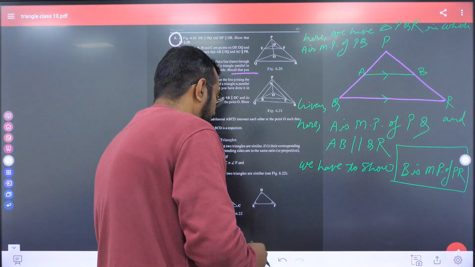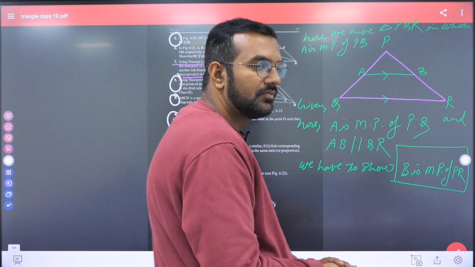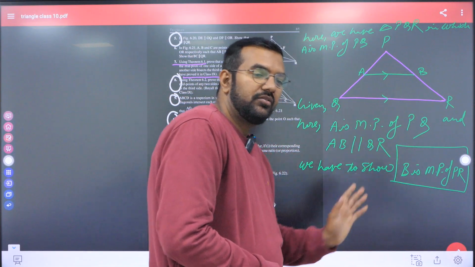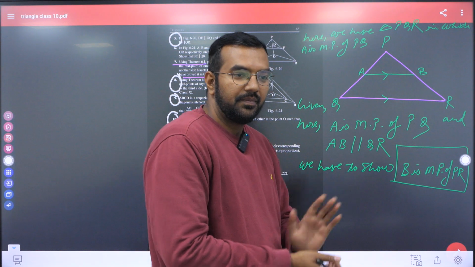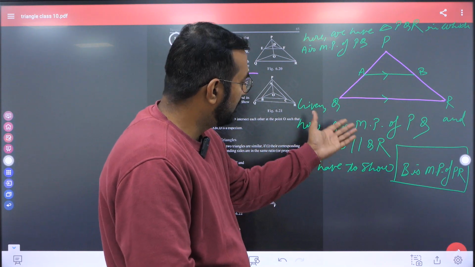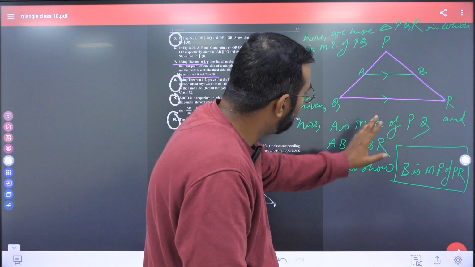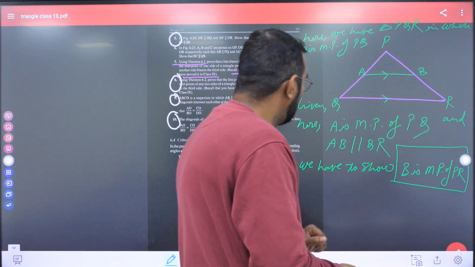So let's see how we can show it. Once again, we will remember the theorems we have studied and go through them. What is given here? A is the midpoint of PQ and AB is parallel to QR.